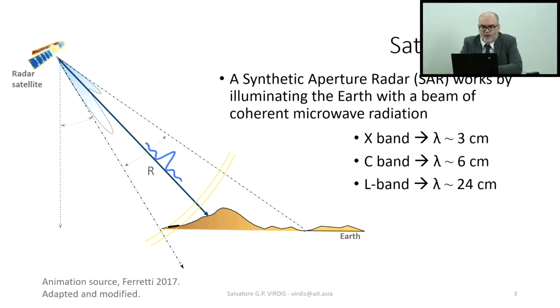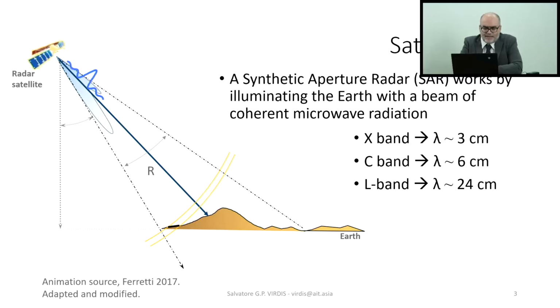So, what is a satellite SAR and how does it work? SAR stands for synthetic aperture radar. With the limitation of time and scope of this talk, we cannot enter too much in the detail on how this system works. But anyway, we can say that radar or SAR sensors illuminate the Earth with a beam of coherent microwave radiation.